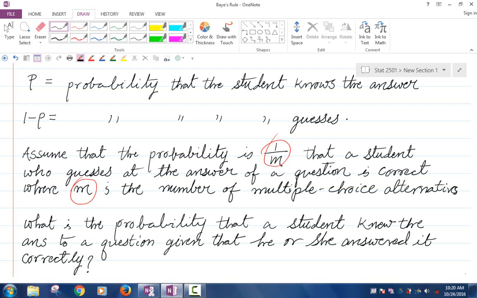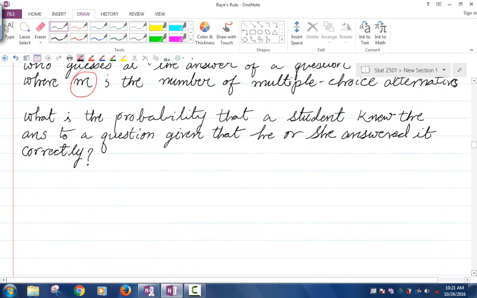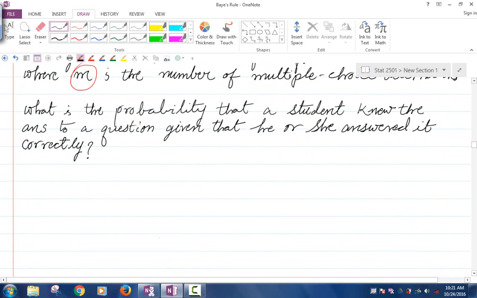So the question is, what's the probability that you know the answer to a question given that you answered it correctly? All right. So everybody understands the question. So let's label a couple of events.